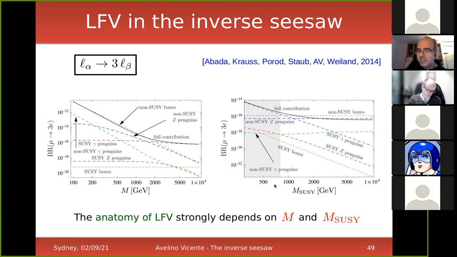And the main message that I want you to have from these plots is that the phenomenology is very rich. Depending on these two mass scales, you can have less, for example, SUSY boxes or non-SUSY boxes, and basically it's a mess, but it also means that the parameter space is very rich, and you can have all possible hierarchies between the different observables.